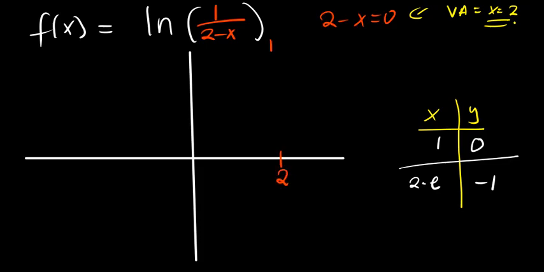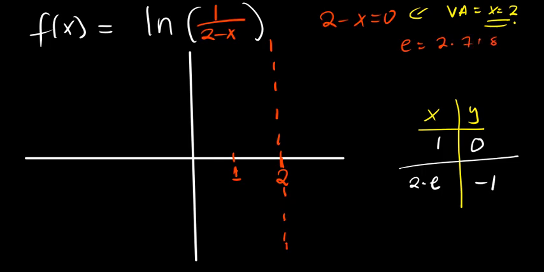I need to draw a line cutting this point. In x I have 1, so I'm going to put 1 here. e is approximately 2.718.